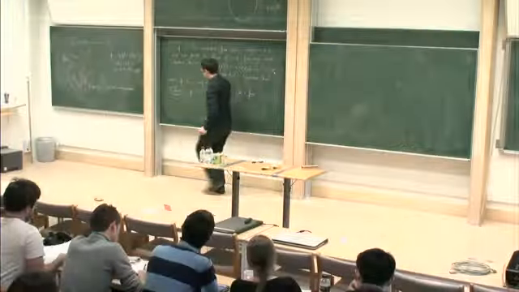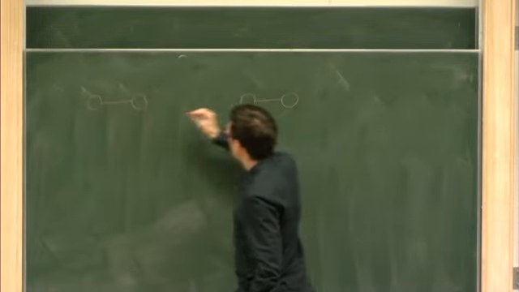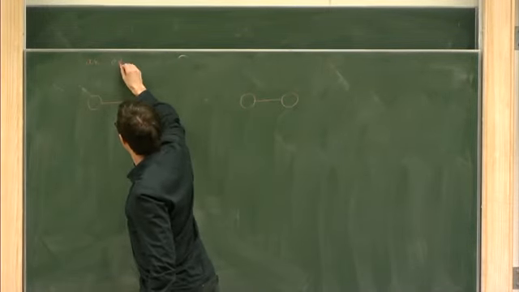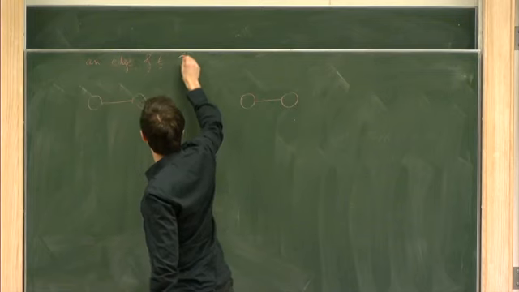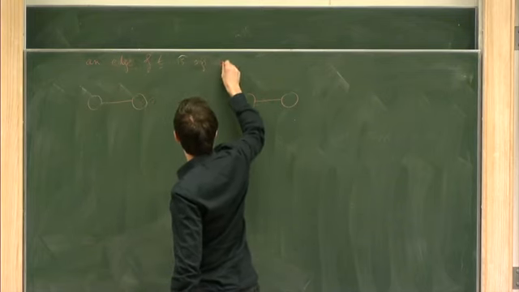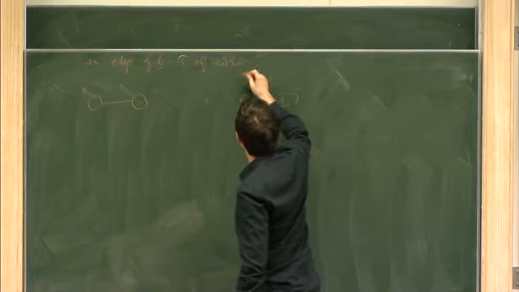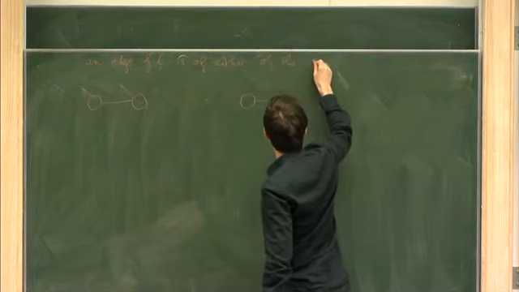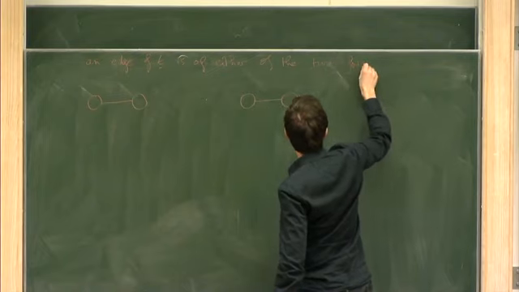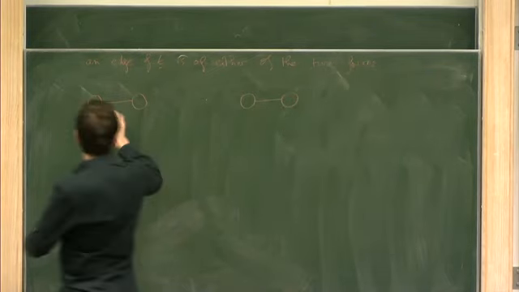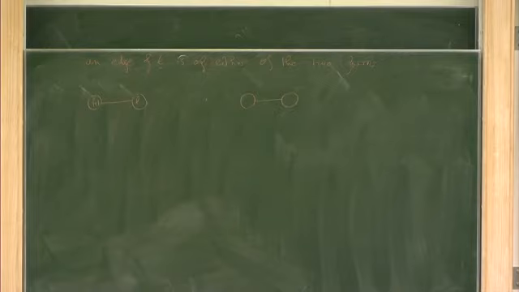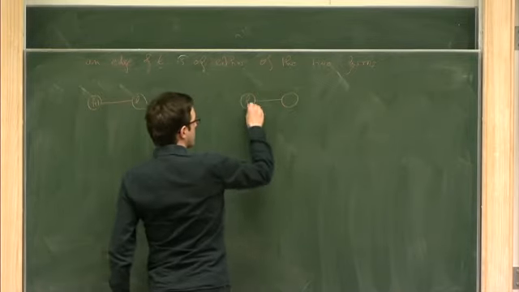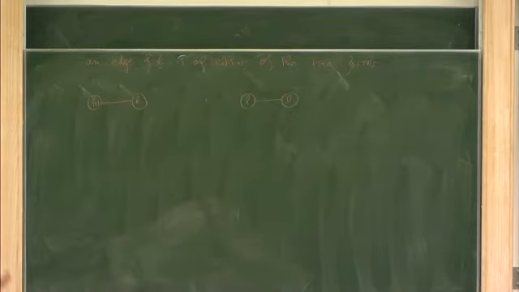So an edge of T is of either of the two following forms. So either it links two vertices with labels that differ by 1, okay, or it links two vertices of the same label. Okay. Now let's look at the first situation.